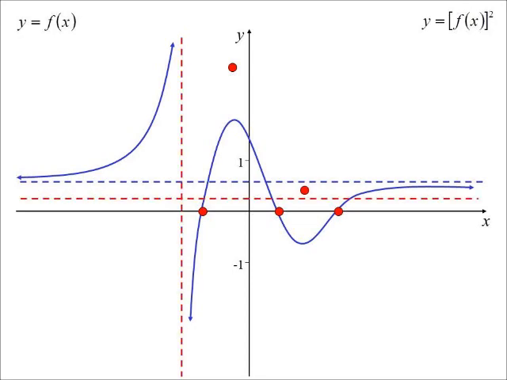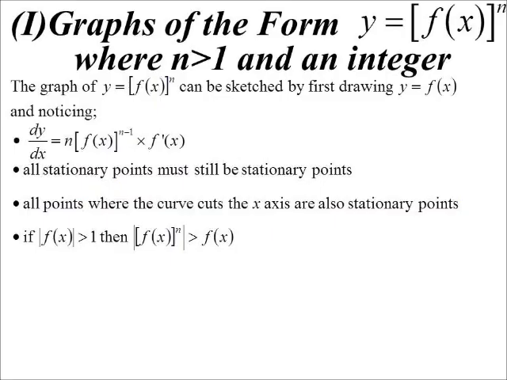Now the vertical asymptote, that's going to remain there, because if it didn't exist in the original graph, it can't exist in the new graph. My horizontal asymptote, well, you'll notice, is less than 1. So therefore, when I square it, it'll get smaller. So it goes closer to the x-axis.